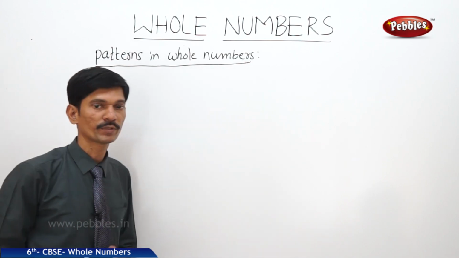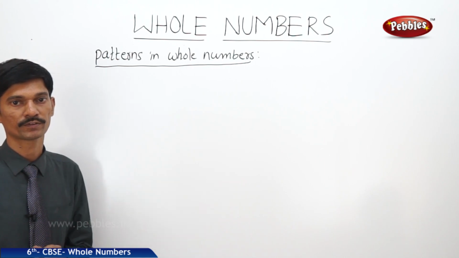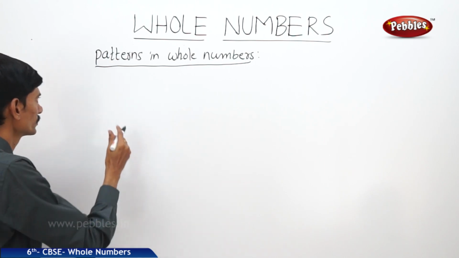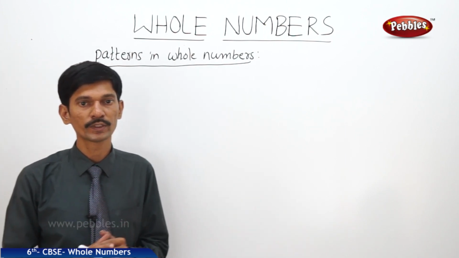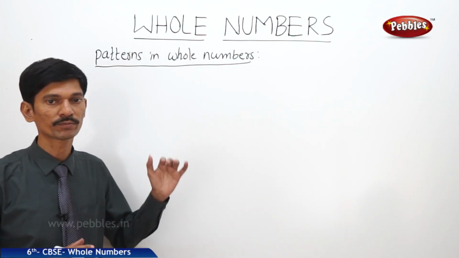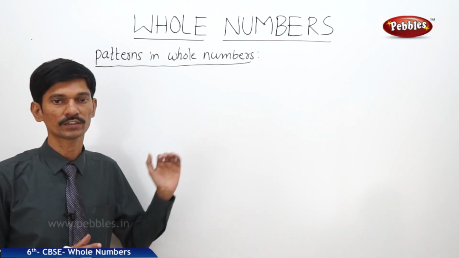Now next topic is patterns in the whole numbers. Now every number can be represented as the elementary shapes made up of dots. So then some numbers can be shown as the line, some numbers can be shown as the rectangle, and some numbers can be shown as the squares, and some numbers can be shown as the triangles.